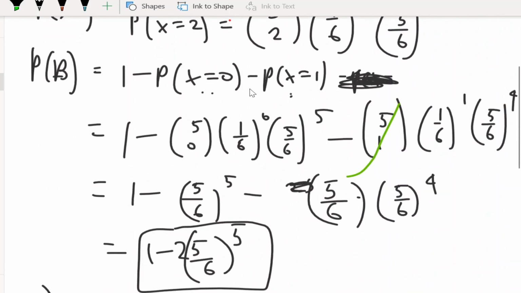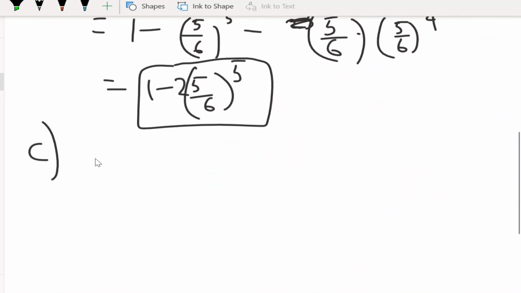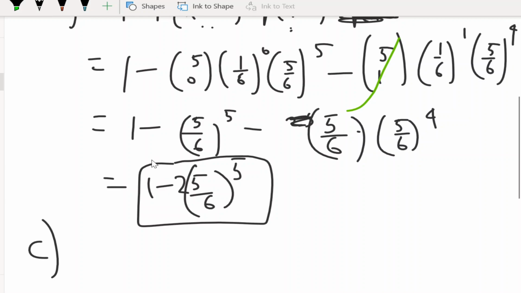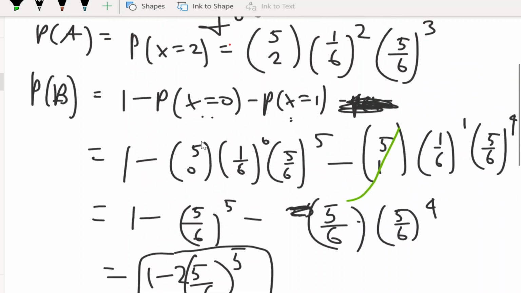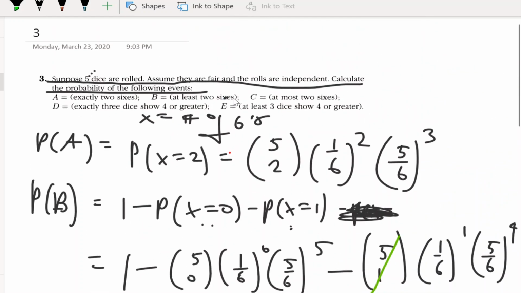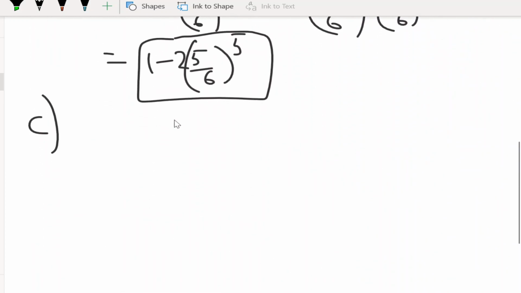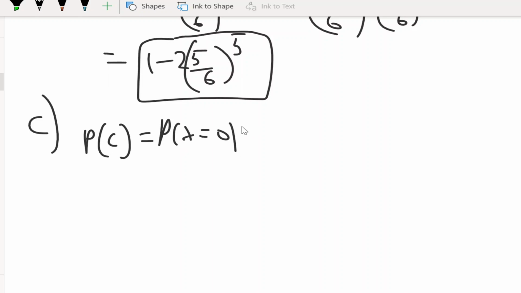Alright, P of C, at most 2 sixes. So that's pretty much the complement of what we just did, because at most 2 sixes, oh, actually, no, we have to include the 2. So P of C is equal to P of X equals 0, plus P of X equals 1, plus P of X equals 2. So at most 2 sixes means we have either 0 sixes, 1 six, or 2 sixes.